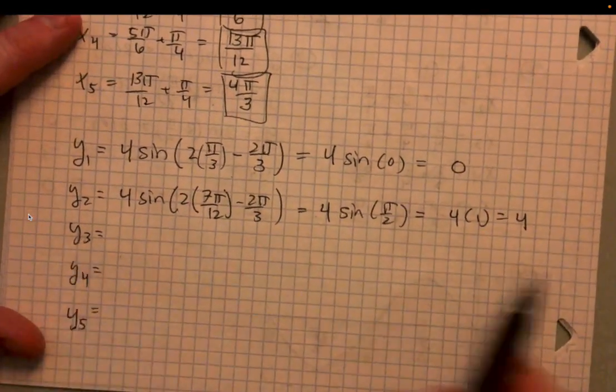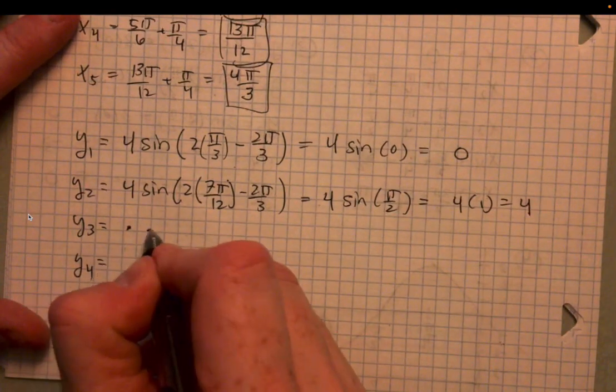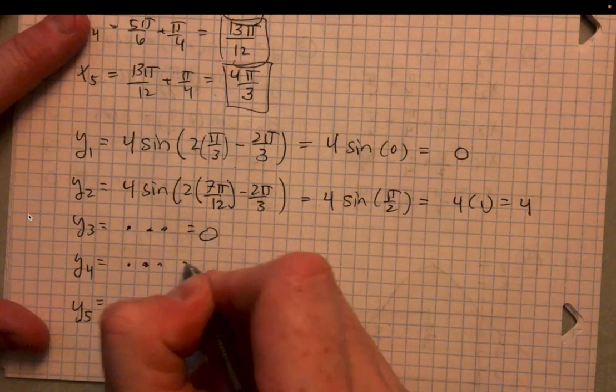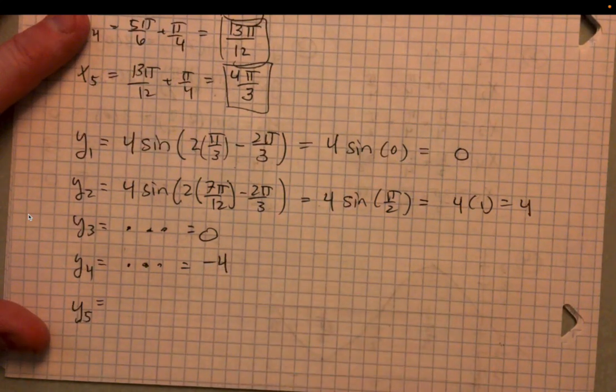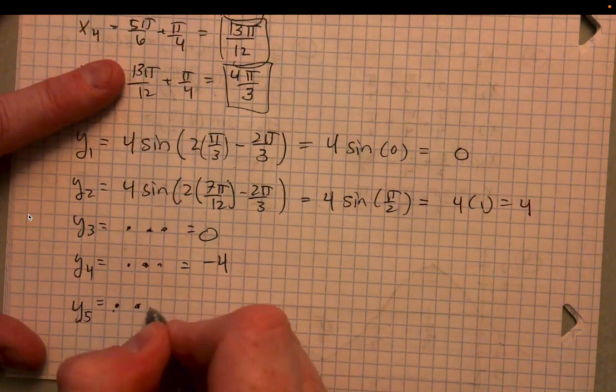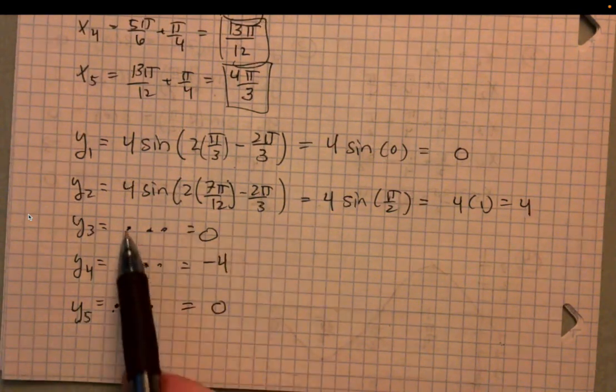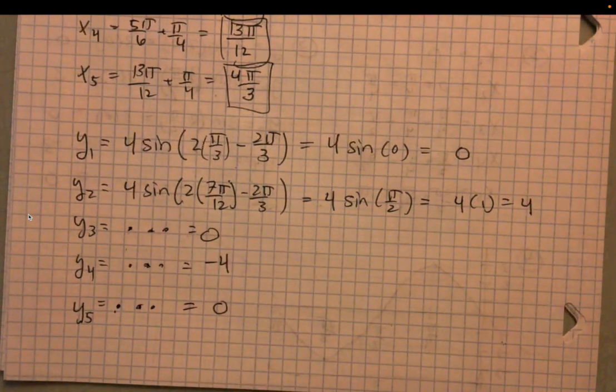Right, and then you can go through the exercise, but what you'll find is that this is equal to 0, and this is equal to -4, and this is equal to 0. Okay, I encourage you to go through it, but in the interest of time, I'm going to just skip to the values. So let's go ahead and draw this thing now.